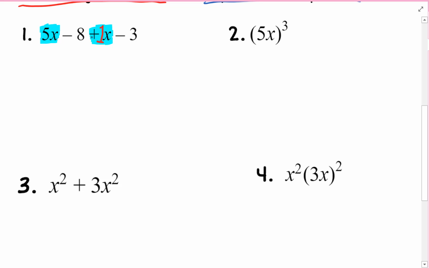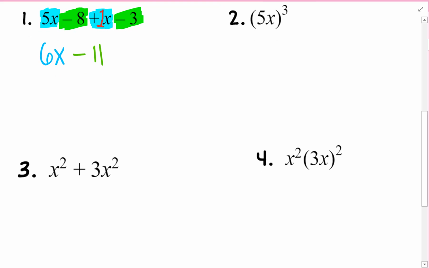So this is the same as 5x plus 1x, and that results in 6x. We also have an integer, a -8, and a -3, and we can combine those numbers. -8 minus 3 is -11. Is there anything else we can combine? No, because this term has an x and this term is just a number. Those are not like terms.